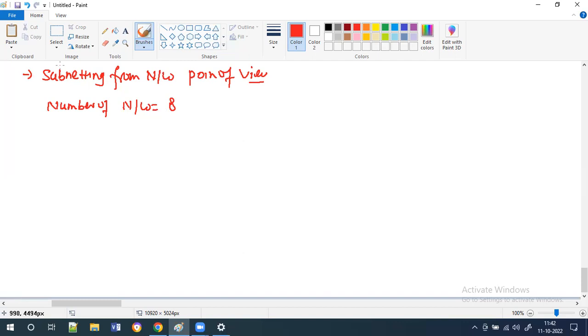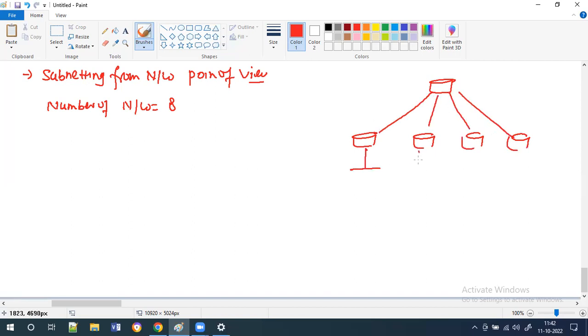Imagine the same diagram. How many networks do we need here? 1, 2, 3, 4, 5, 6, 7, 8.